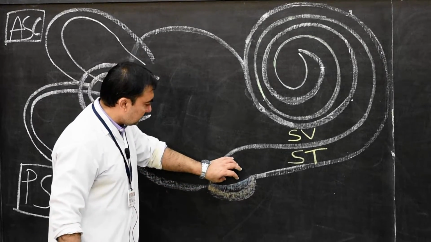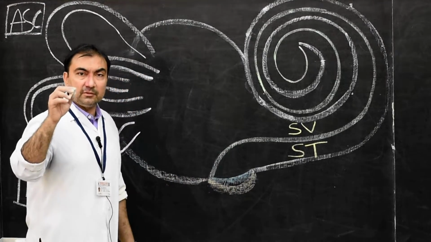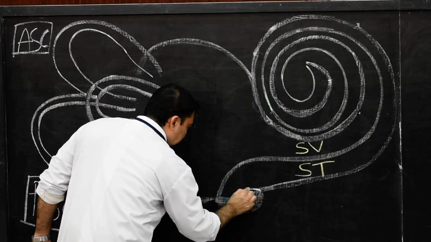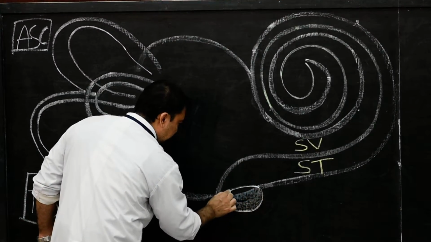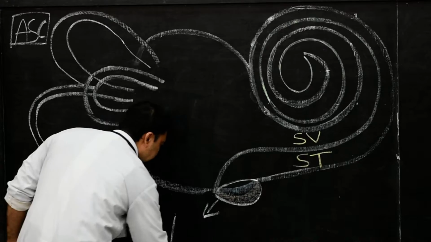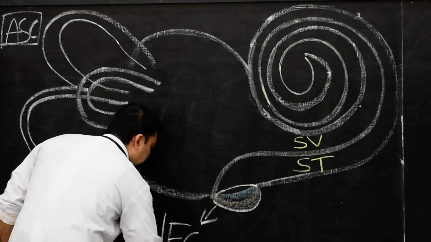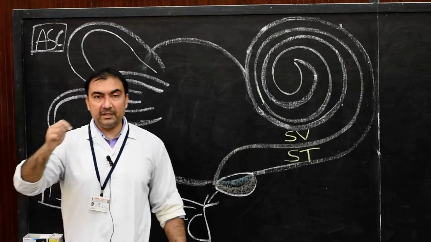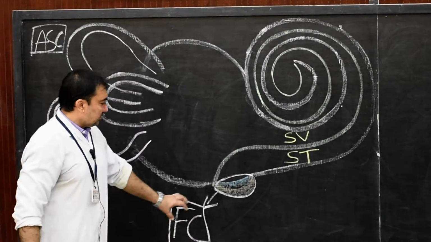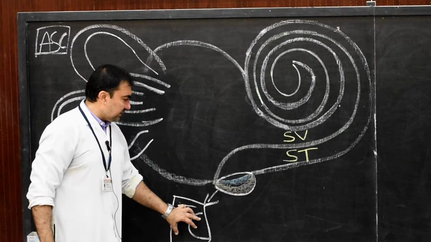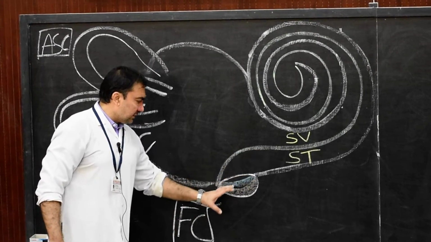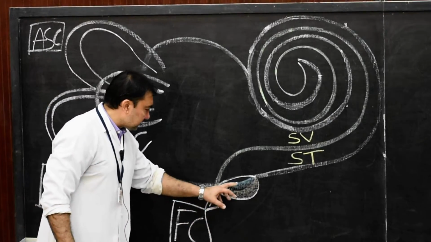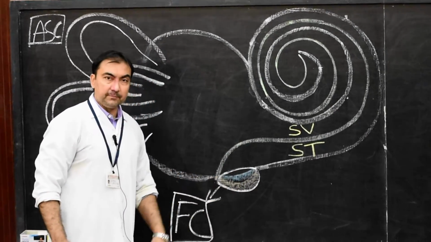This opening will be known as the round opening, which is called fenestra cochleae, which we have discussed in tympanic cavity, present in the medial wall of tympanic cavity. So the round window, fenestra cochleae, through which scala tympani will open within the middle ear cavity, will be closed by secondary tympanic membrane.